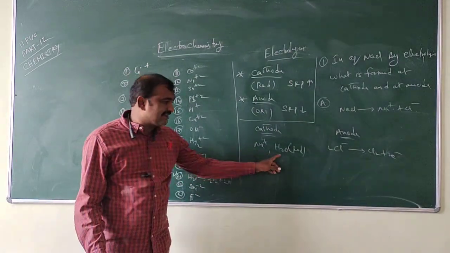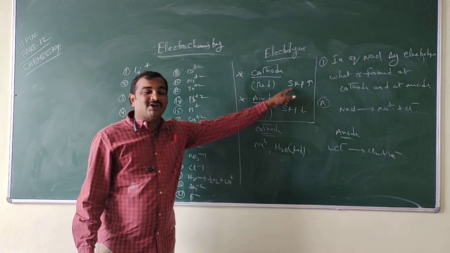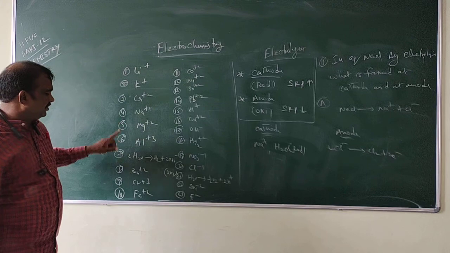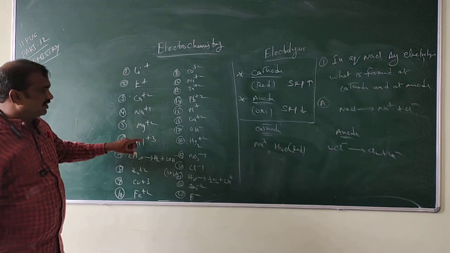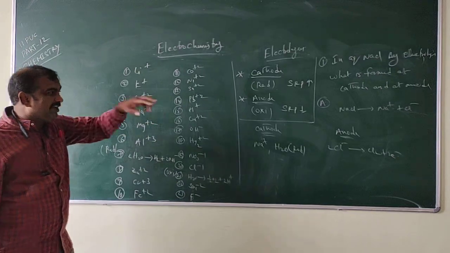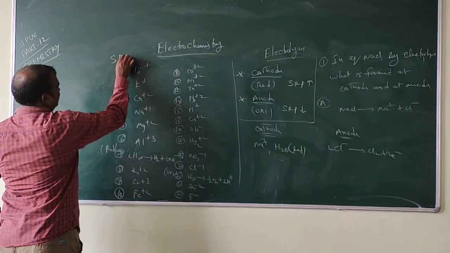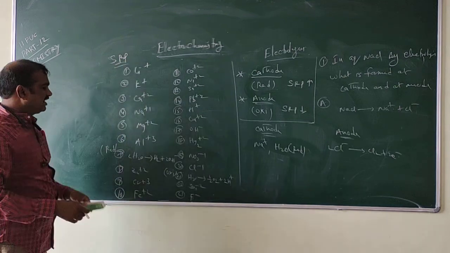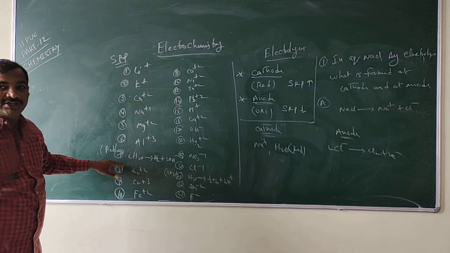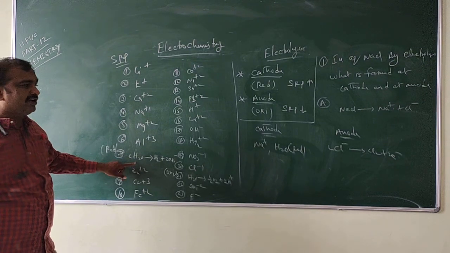Among Na+ and H2O reduction, at the cathode SRP value is high. So these are all SRP values. Na+ and H2O reduction, which is having more SRP value? This one is having more SRP value.